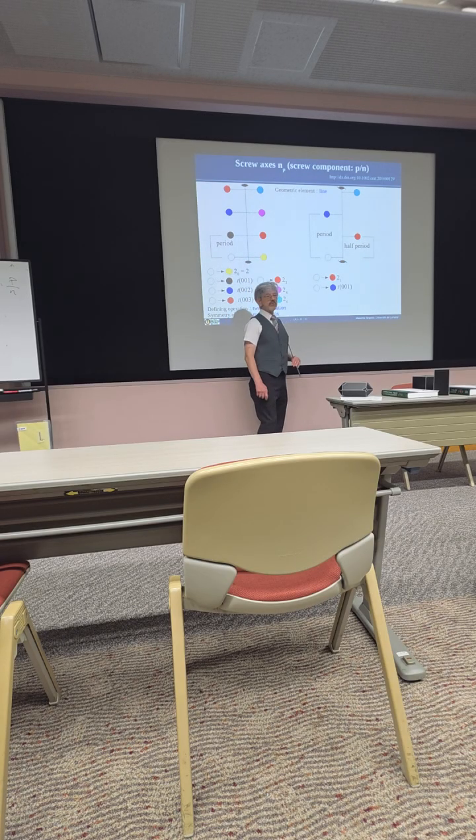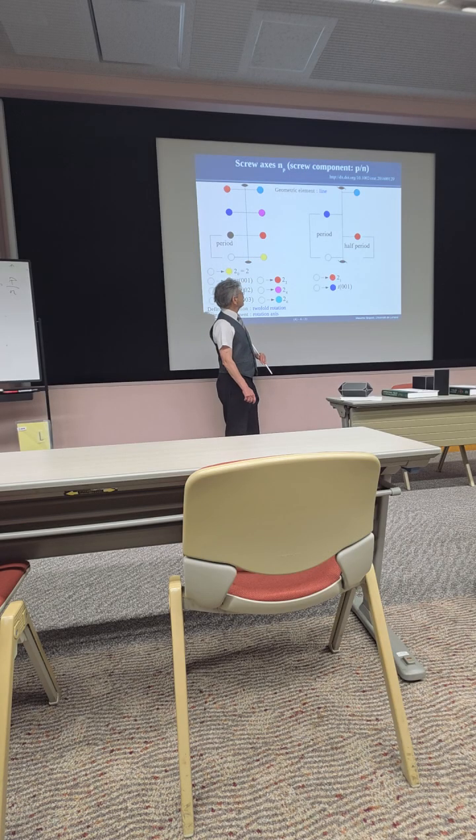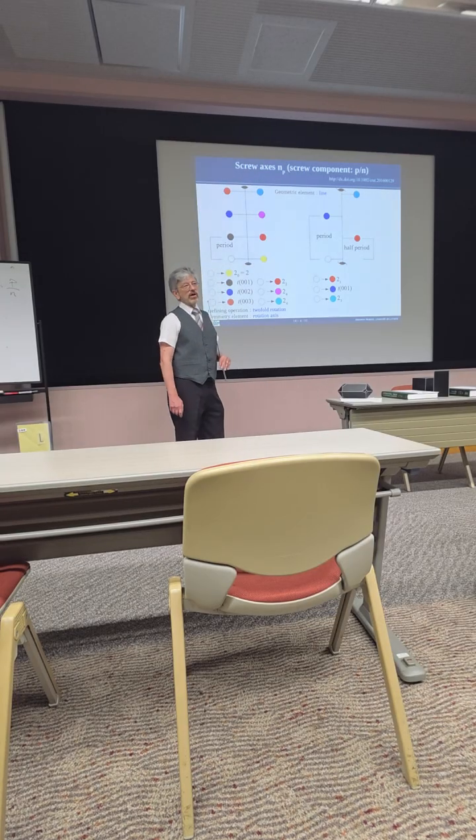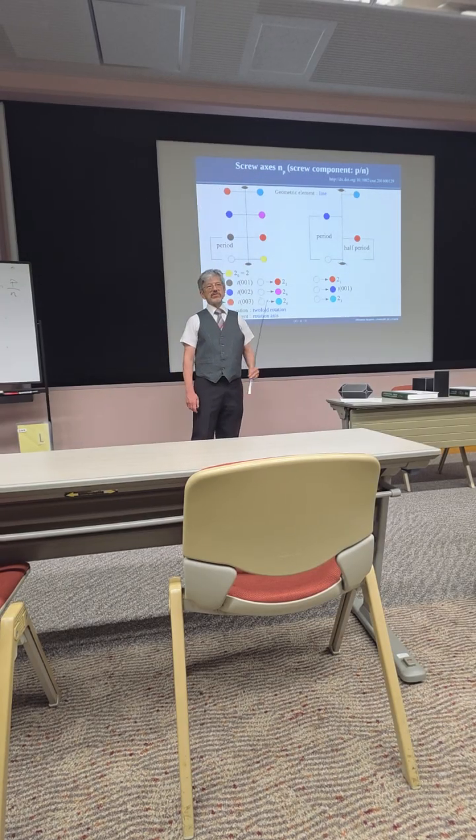This is a translation of one period. White to cyan, 2, 3. It is a rotation followed by a translation of 1.5 periods. So this will be 2, 3. And so on. You also have 2 minus 1, 2 minus 3, and so on.